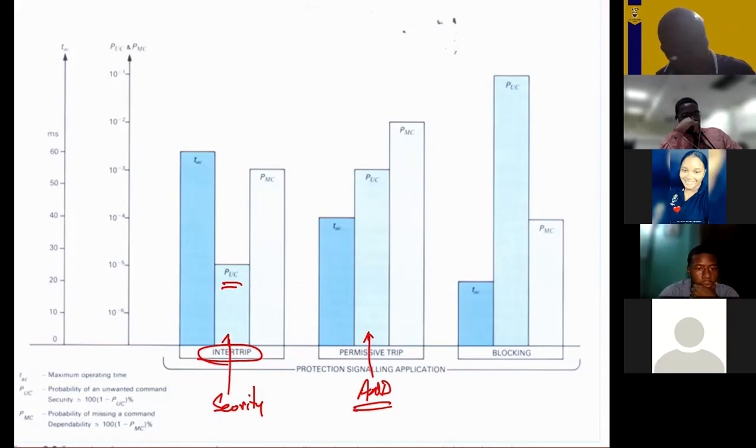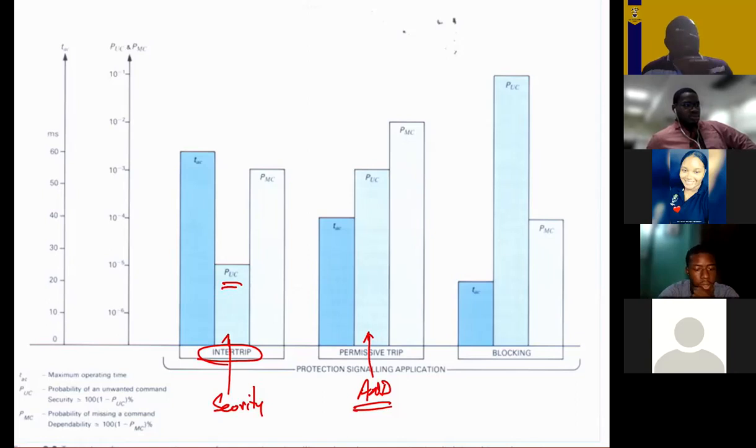Let me throw something back in the mix to make sure that everybody understands what is happening. Remember that the objective of all these trip schemes and all this communication, what was the objective? Oh, to get the relay at the other end to operate faster. Exactly.